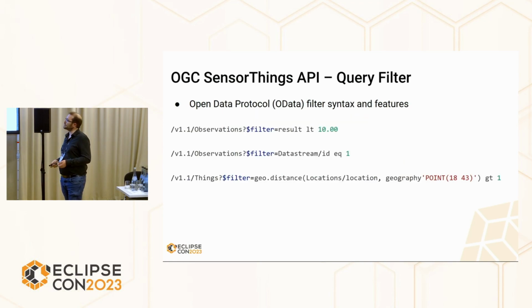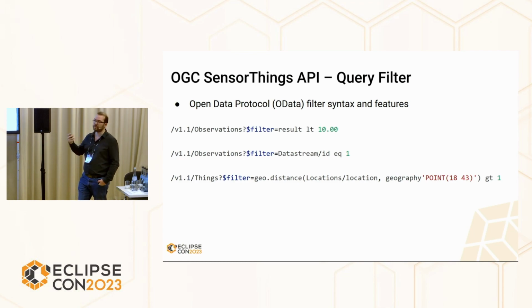The filter was the trickiest part for us because it's a specific filter defined in the Open Data Protocol, or OData for short. So it has some operators, some paths, depending on where you are, depending on the context you have here. And finally, it has some methods, especially geospatial methods, which is logical for an OGC protocol. So here, for example, we want all things which have a location that was less than a meter away from that point.